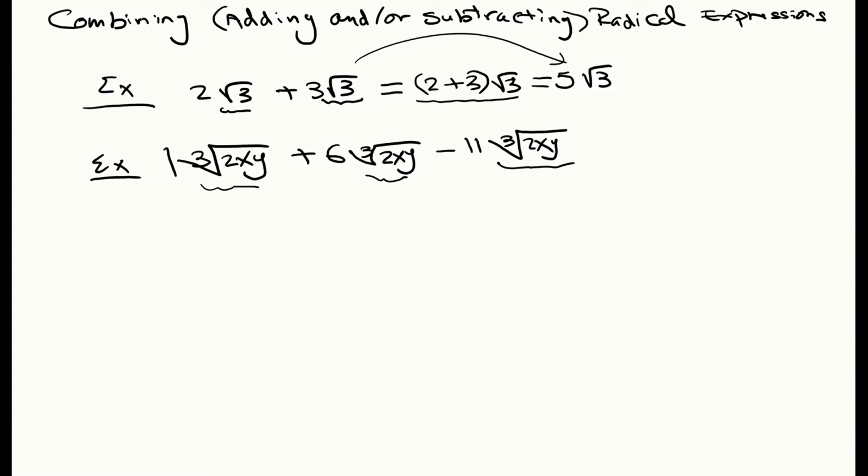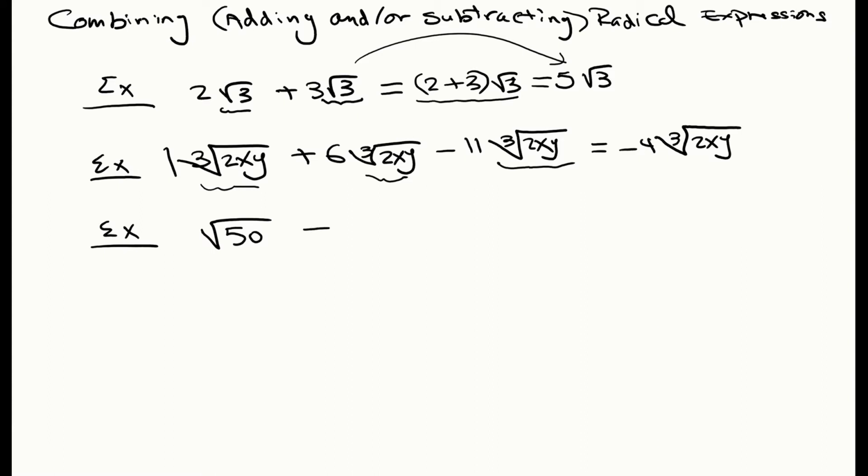Notice that counts as 1, so we have 1 plus 6, which is 7, minus 11, so we end up with negative 4 times the cube root of 2xy.